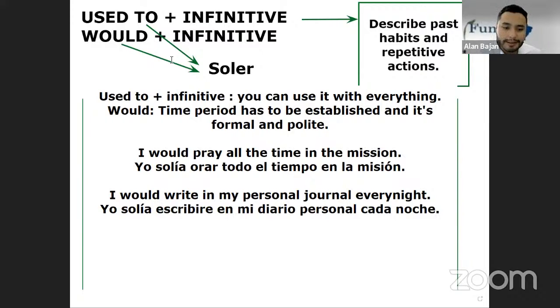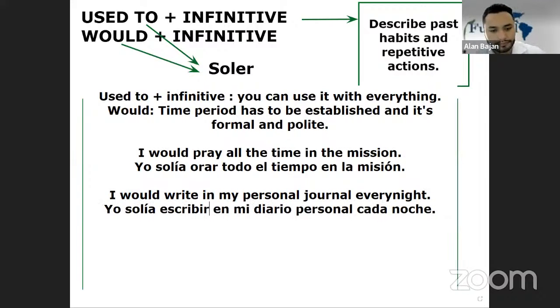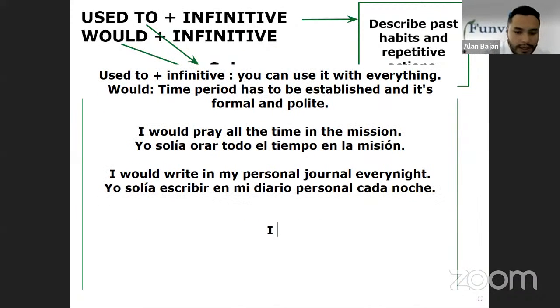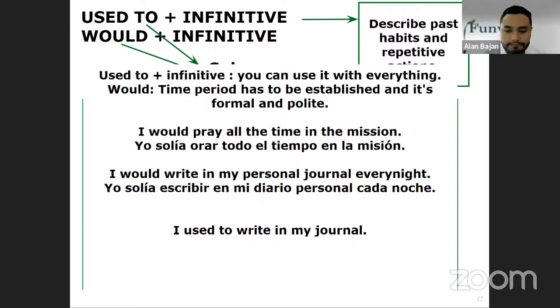And I was explaining this example with would. I would write in my personal journal every night. With used to, I don't need to specify that. I only say I used to write in my journal.